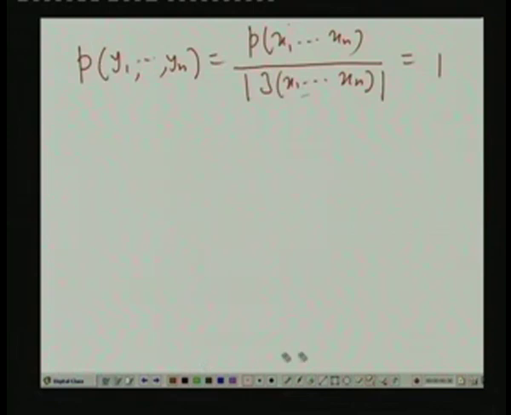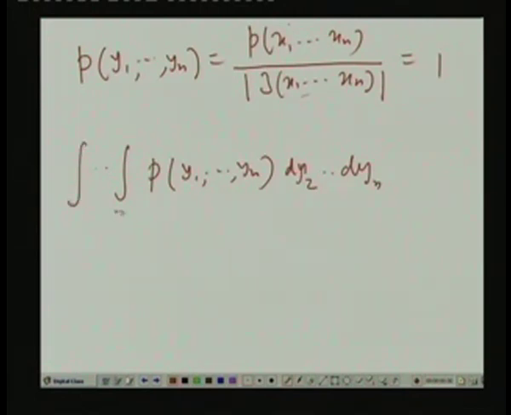That means, suppose we consider this function integrated with respect to, say, y_2 up to y_n.